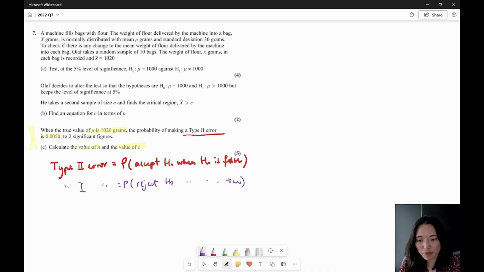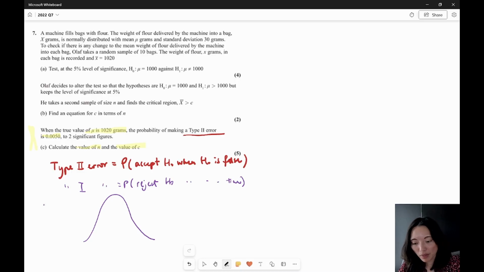Let's take a look at the normal distribution we had in part B. In part B, we assume that mu equals 1000. Therefore, we've got this normal distribution, mu 1000, and we've got this value of C with this 5% level of significance.